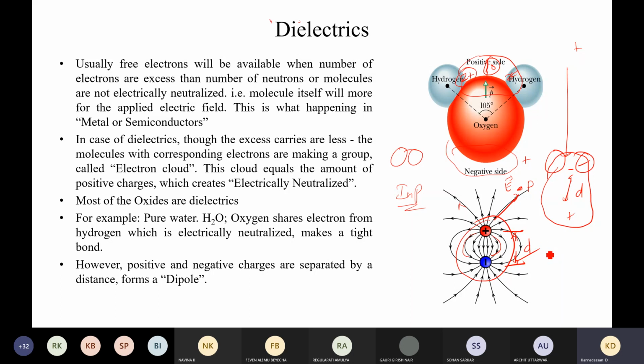To define that, we use a property called the dipole moment, which is represented by P. This is plus Q, this is minus Q, so total Q into D. That is the dipole moment, which is nothing but the induced electric field due to this dipole itself.